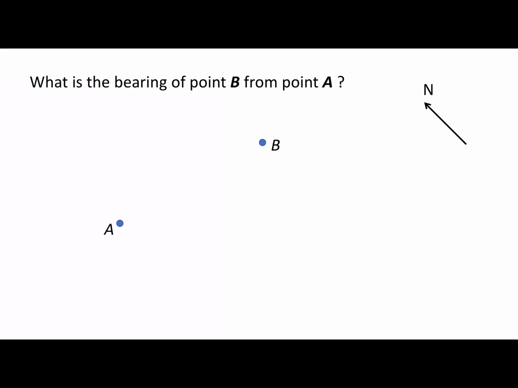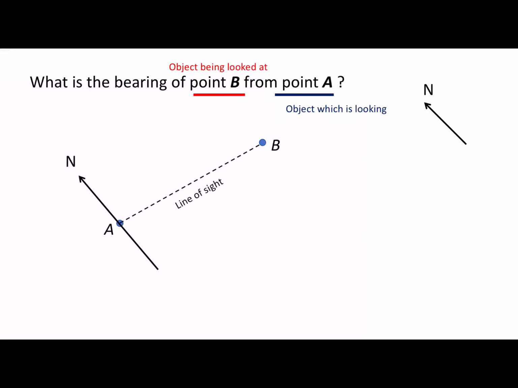But this time the north line must be parallel to this north direction. So it's something like this. The north line must be parallel to the north direction given by the question. Then the line of sight, and the bearing from the north line to the line of sight. You start from above point A and you go clockwise. This is the bearing. So far so good?